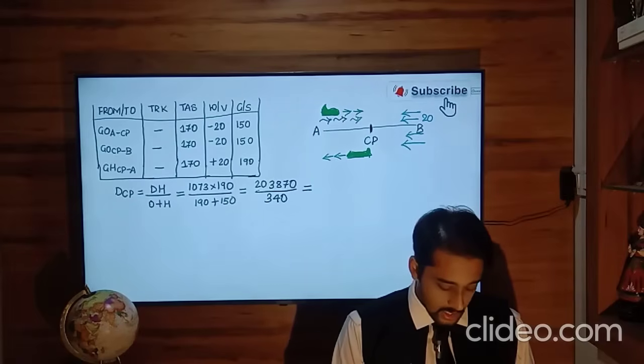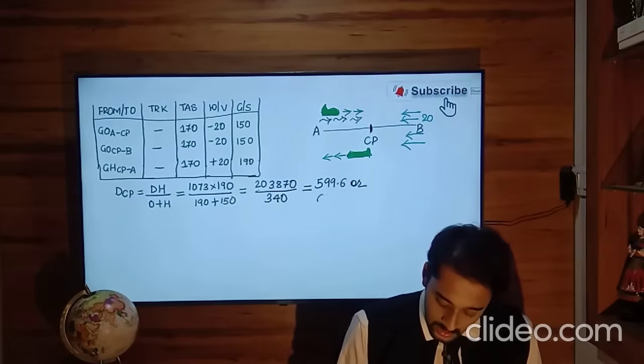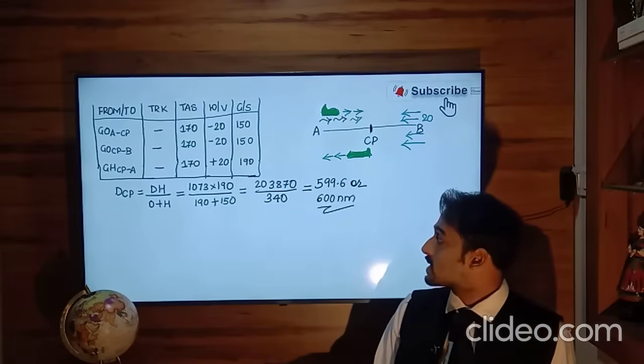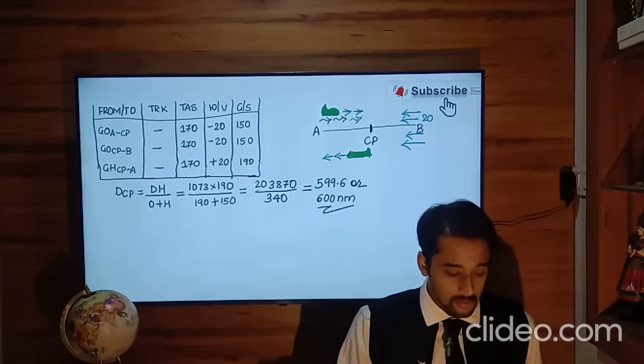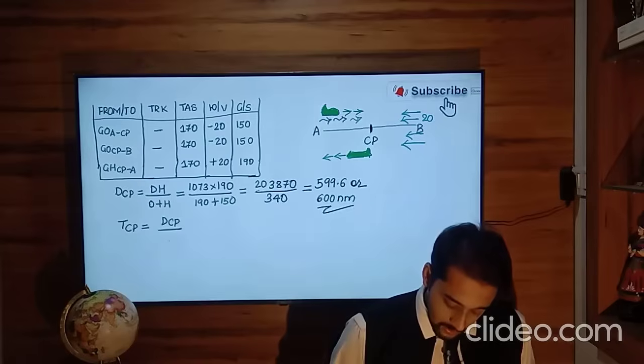So 203870 divided by 340 is equivalent to 599.6, or approximately 600 nautical miles. Time to CP, very simple: distance to CP divided by ground speed outbound from A to CP.